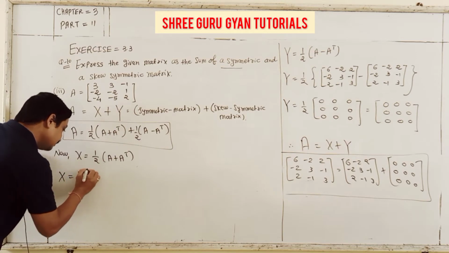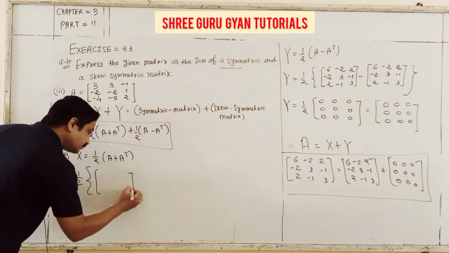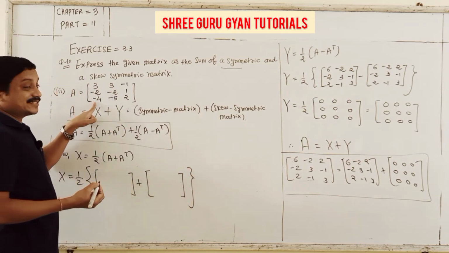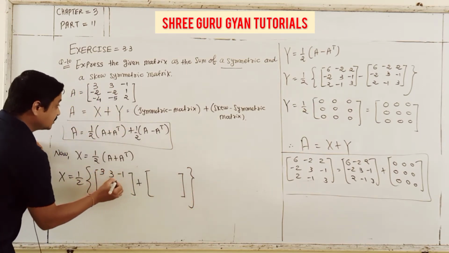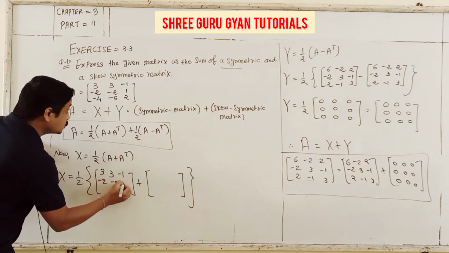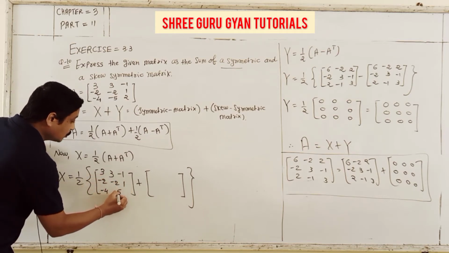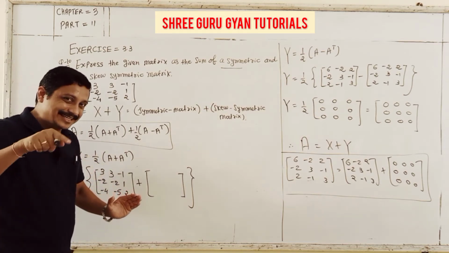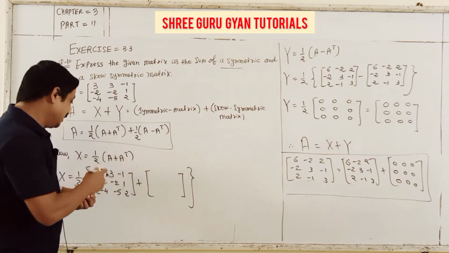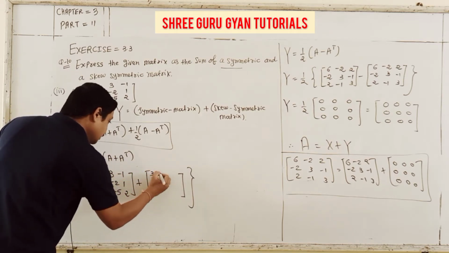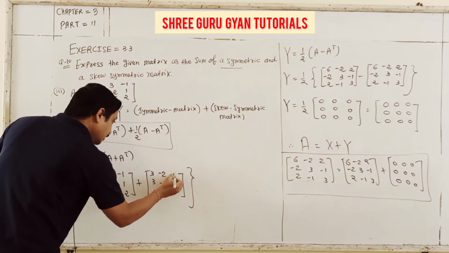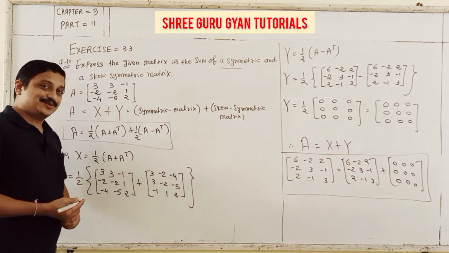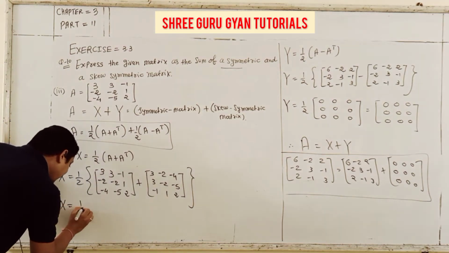So X is half of your matrix A plus its transpose. What is your matrix A? So 3, 3, minus 1, minus 2, minus 2, 1, and minus 4, minus 5, 2. Now go to the transpose. This row I will write as a column: 3, 3, minus 1, minus 2, minus 2, 1, and minus 4, minus 5, with the 2, and both you just add, students.